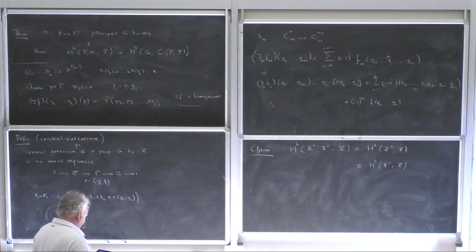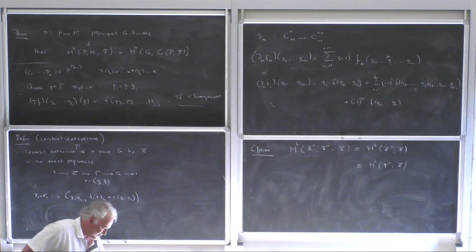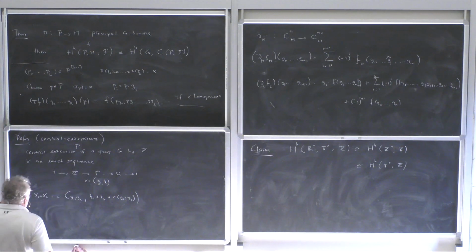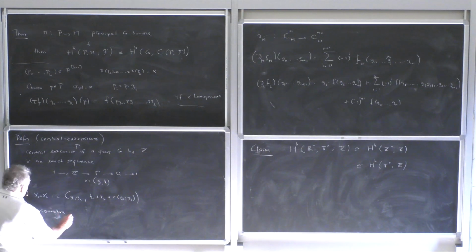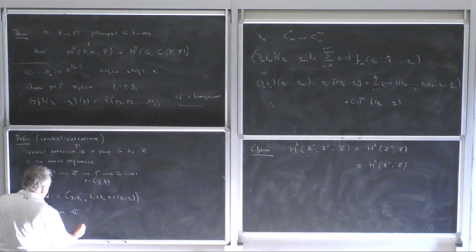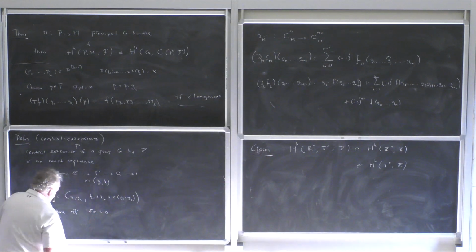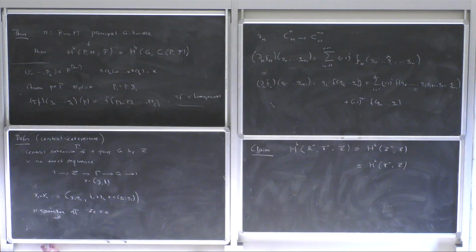Okay. So I don't know if you all saw central extensions, but this is the general definition for a central extension by Z. And you can check that this is associative if and only if this C is a group 2-cocycle.